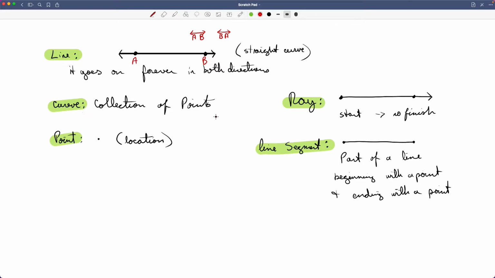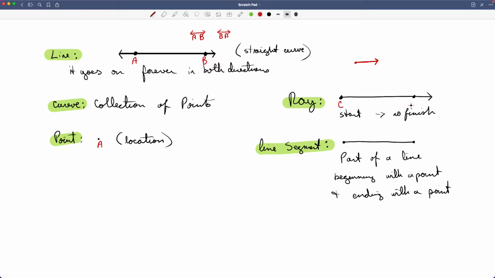A curve has no specific way to write it. The point is just like this, and usually we just put whatever letter is with it. A ray is written just like it is drawn. You just have one arrow, and you always start with whatever the point is that begins it.